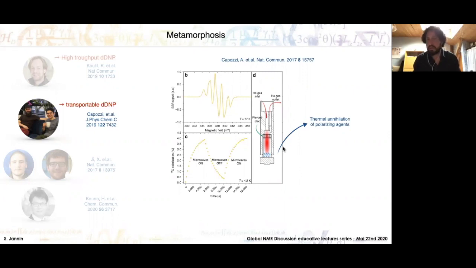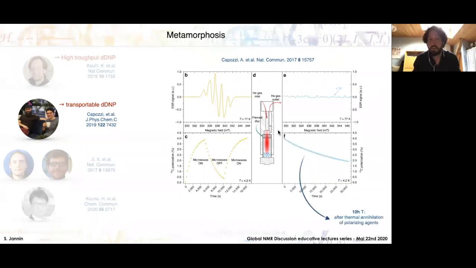And if you do that once the sample is polarized, then you end up with no radicals anymore, and you end up with a very long relaxation time, even at 4 Kelvin. You get typically 10 hours on this particular sample. So that's something that might in the next year enable transport with this method.